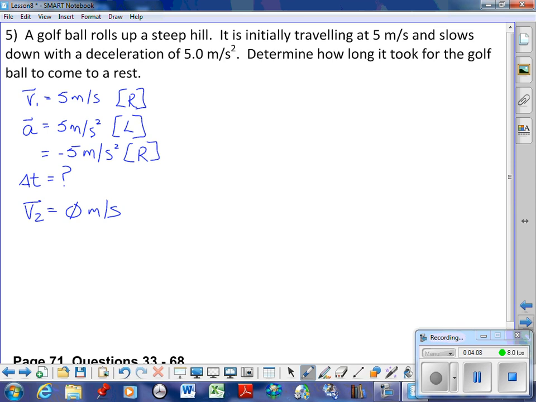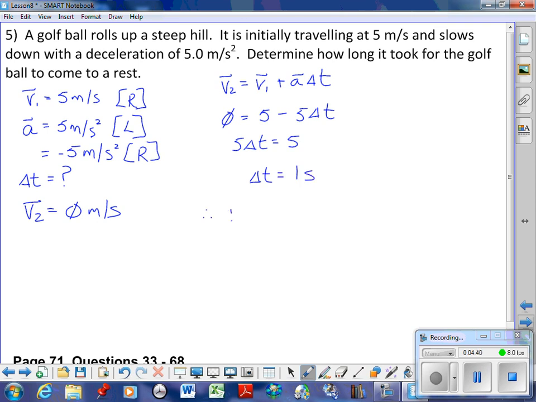Again, we're looking at our possible values here, and we see that we know V1, V2, and A. So we need to use a formula that involves those, and we find that this one here will work. So 0 equals V1's 5 minus 5 delta t. So 5 delta t is equal to 5, or delta t equals 1 second.